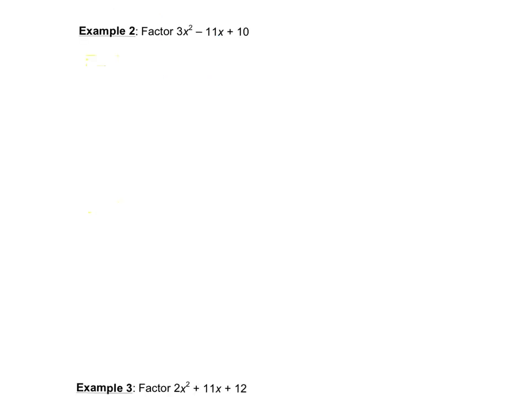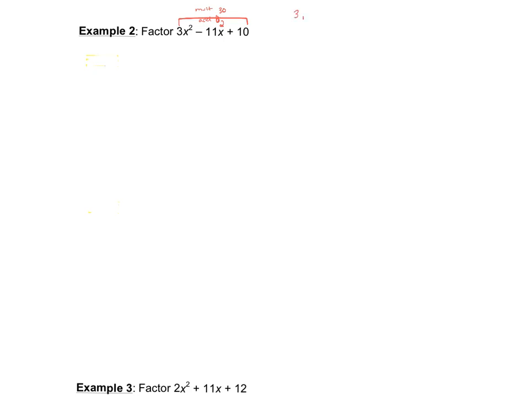Again, following those steps, to factor with an a not equal to 1, I do a times c, which is 30. Then I need two things that multiply to 30 that add to b, which is negative 11. I can list them all out.